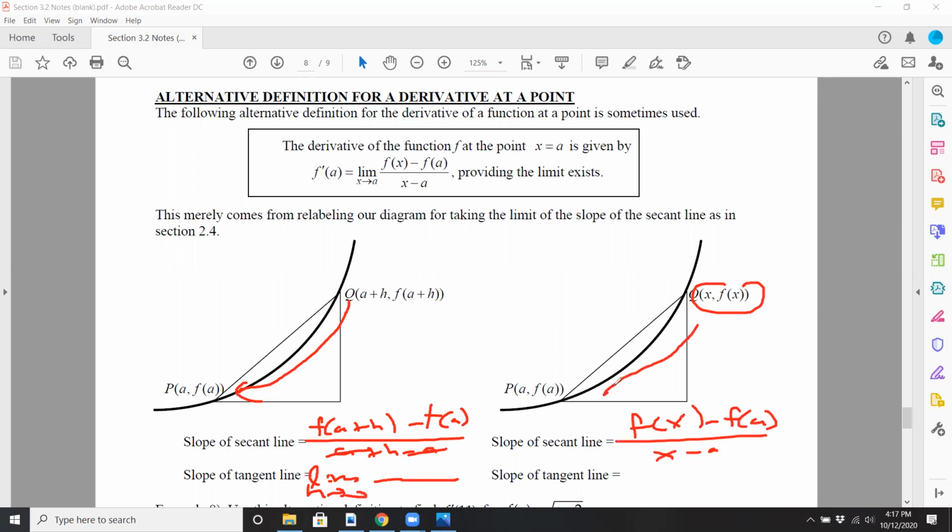But you want Q to get closer to P, so you want x to get closer to a, whereas here we want h to get closer to 0, so that Q becomes P. So you take the limit as x approaches a of that expression. That is another way we can find the derivative. Again, we want Q to get closer to P so that we go from a secant line to a tangent line. Let's use this definition for evaluating the derivative in example 8 down below.